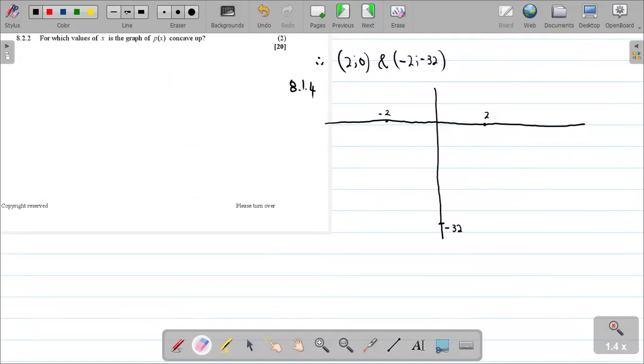It's going to cut at -16. So it's gonna be, then you have a turning point here, and then you have an intercept, then you have another turning point there, and then you're gonna have another intercept.